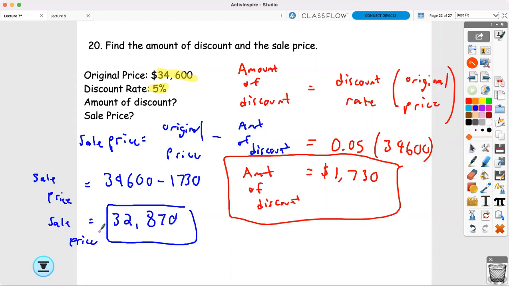Are there any questions on the steps we took? Does anyone need more time to copy this down before I move on?